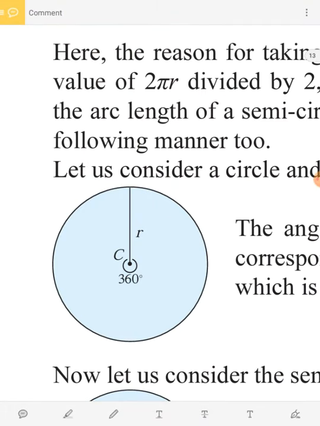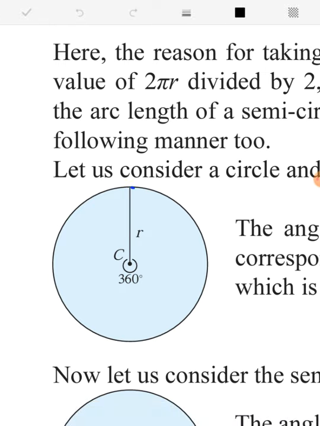Consider this circle. Here theta is 360 degrees, and the radius is r. So here the length of the arc is exactly equal to the circumference of this circle.